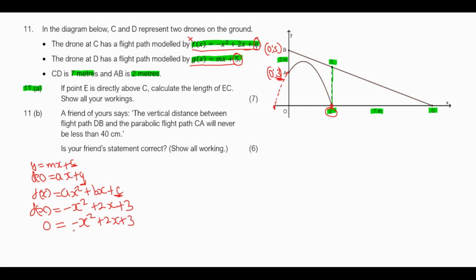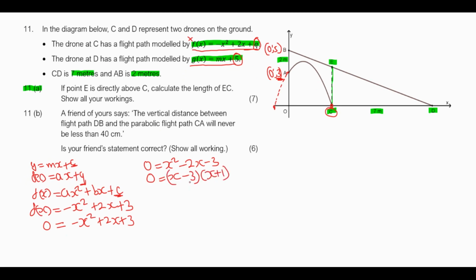Let's divide everything by negative 1. 0 is equal to x squared minus 2x minus 3. The factors of negative 3 that add to negative 2 are negative 3 and positive 1. So 0 is equal to x minus 3 times x plus 1.